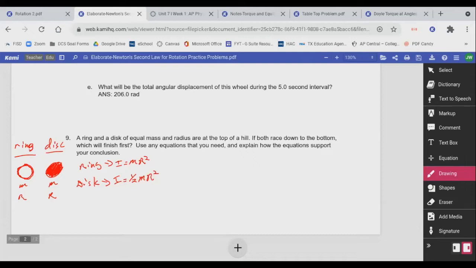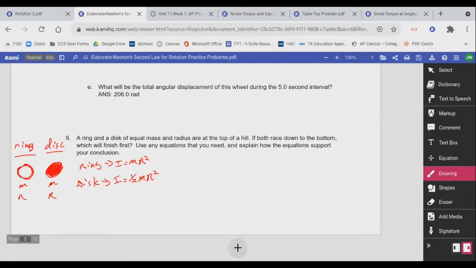Now, from what we've written, we know that they have the same R's, the same M's, the same masses, the same radiuses. Those radiuses are going to be squared. But with a disc, we have that 1/2. So we know that overall, their rotational inertia is smaller just by the formula. If the M's are equivalent, the R's are equivalent, but the disc has that pesky little 1/2, that means it's going to be half the size for rotational inertia than the ring.